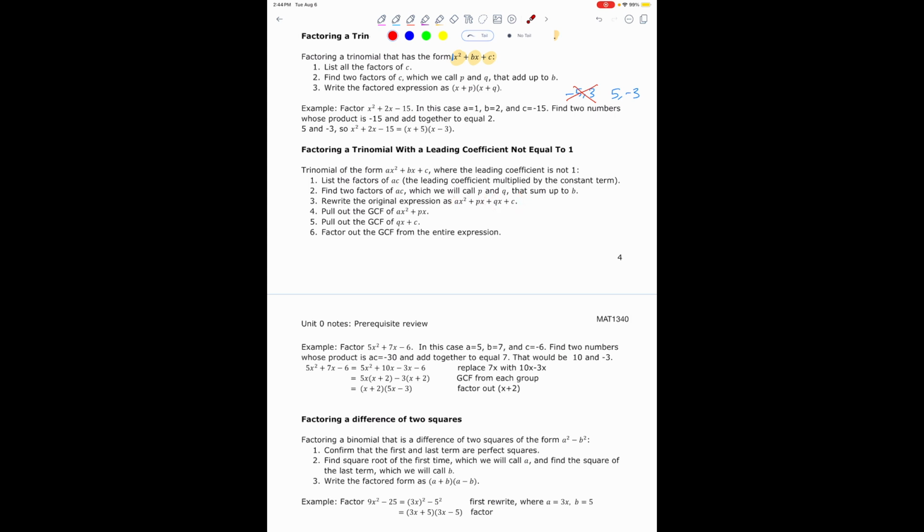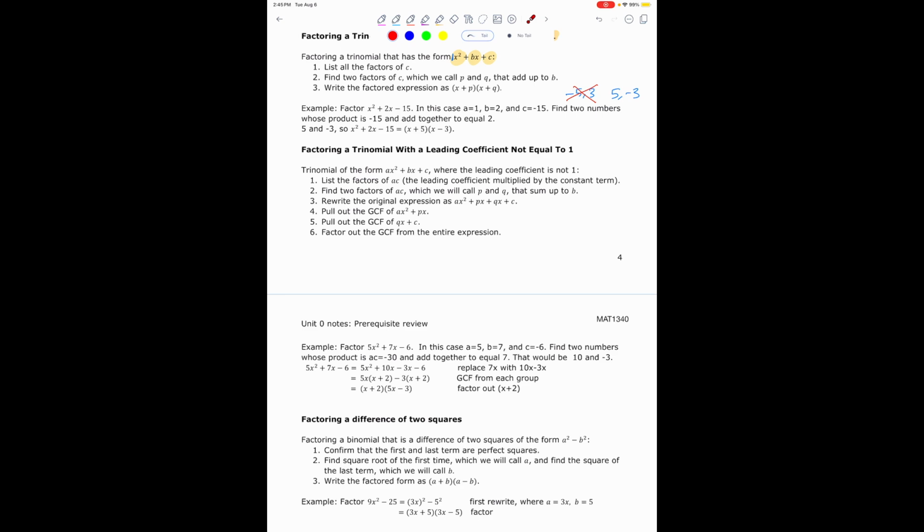Sometimes we need to switch p and q in order to obtain nice groups that we can factor. Then we take the greatest common factor from the first group and the greatest common factor from the second group, and we have to end up with a number that we can factor out as the greatest common factor from the entire expression.